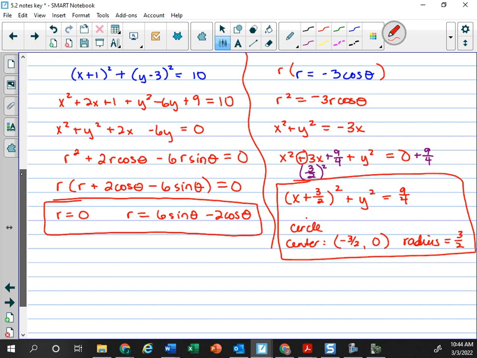Today you're going to learn how to just look at that equation and graph it as a circle. So you could also just write the equation of the circle from there without having to do all of that. Because it's x plus 3/2, it's always the opposite. The general form for a circle is x minus h quantity squared plus y minus k squared equals r squared.